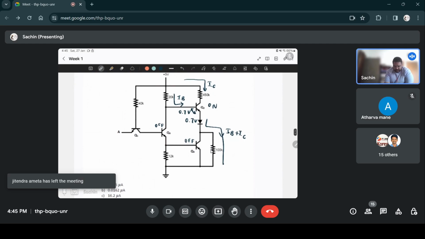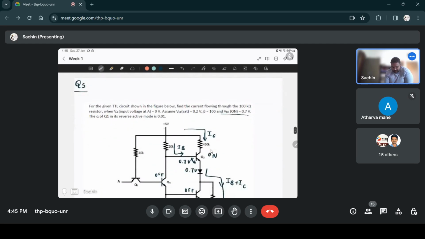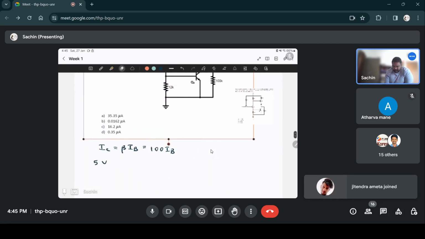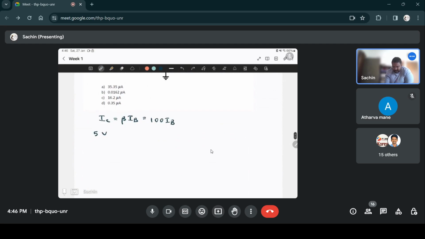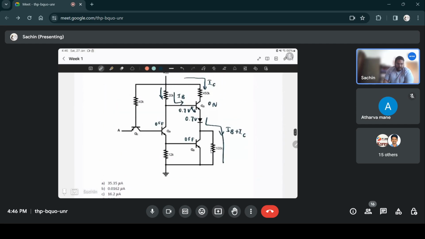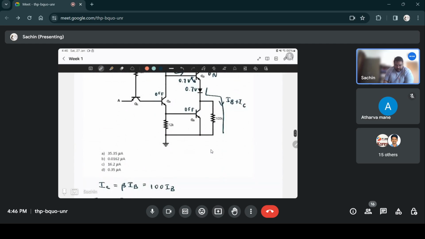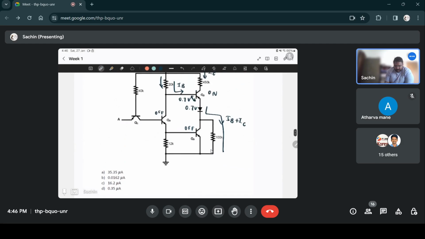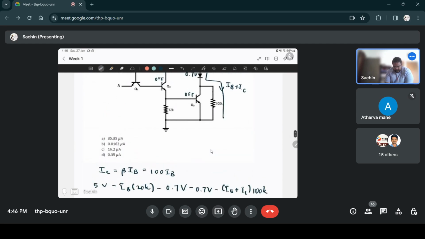Alright, now you can write the voltage equation. 5 volts, that's here, minus the voltage drop across this resistor, which is IB into 20k, so 5 volts minus IB into 20 kilo ohms, minus voltage drop across BE junction of Q2, which is 0.7 volts, minus voltage drop across the diode, which is 0.7 volts again, minus voltage drop across 100 kilo ohms, which is IB plus IC into 100k, is equal to 0.